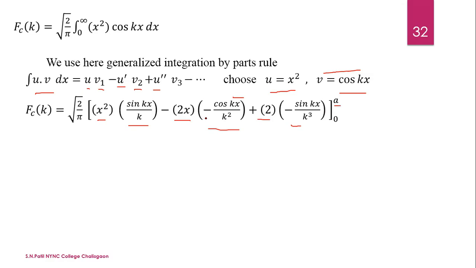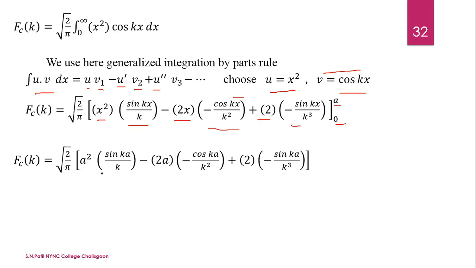Now we put the upper limit x is equal to a, minus we put the lower limit. See what happened when we put the lower limit 0 here: the first term is 0. When we put x equal to 0, the second term is 0. When we put x equal to 0, we know sine 0 is 0. Then the simplified term is upper limit minus lower limit, which is 0.